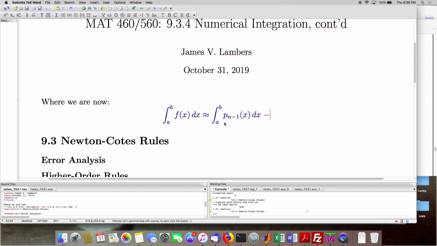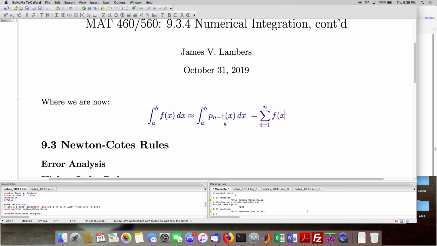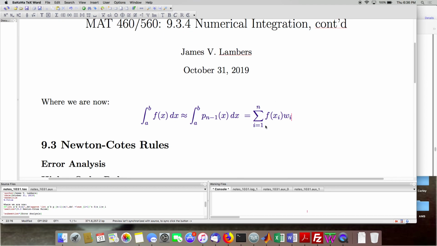And that exact integral is given by the sum of values of f at select points, called the nodes, multiplied by selected values w_i that are called the weights.